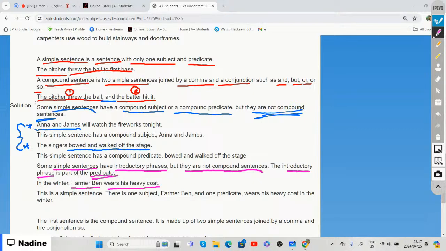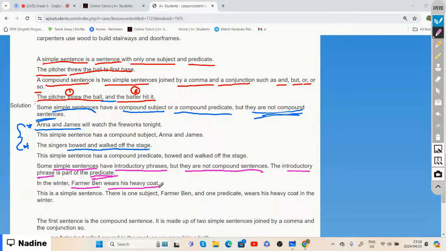It just starts with in the winter, but if we look at the predicate, it is linked with the introductory phrase. So, like I said, Farmer Ben is our subject, and our predicate is wears his heavy coat.